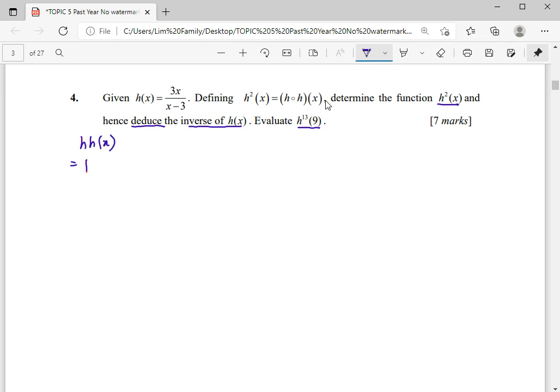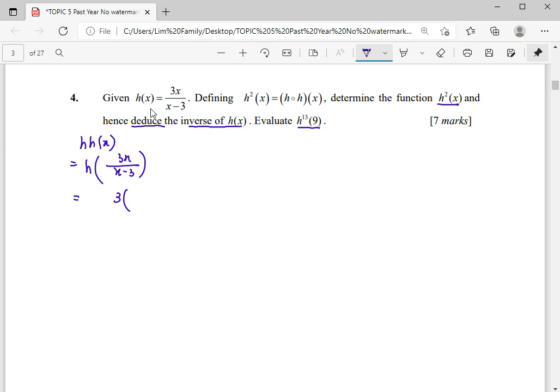h(x), substitute h(x), and then substitute again. So substitute this fraction, this rational function, into the place of x here.